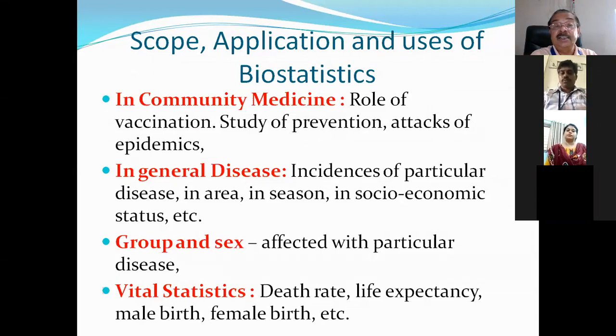In general, the incidence of a particular disease in a particular area, in a particular season, or in a particular socio-economic status. We can also apply it to the age group and sex affected with a particular disease. Why age group and sex? Particular age groups or a particular sex are prone towards a particular disease.